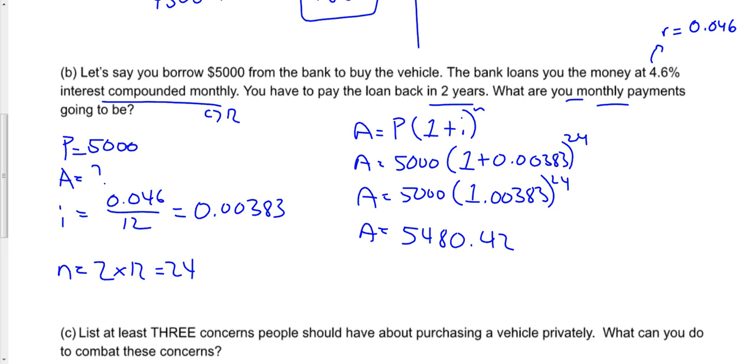Okay, and if we want to know what the monthly payments are going to be, if I want to pay this back evenly over the span of 24 months, I would need to divide my final amount by 24.